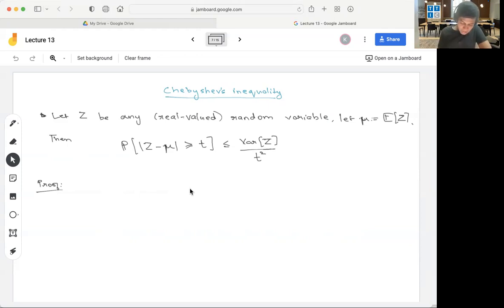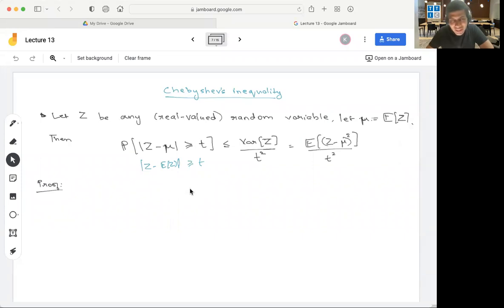Then the bound says that the probability that z deviates from its expectation by more than an amount t is at most the variance of z divided by t squared, or, if you remember the definition of variance, the expectation of z minus mu whole square divided by t squared. We wrote two expressions for the variance. This is one of them.